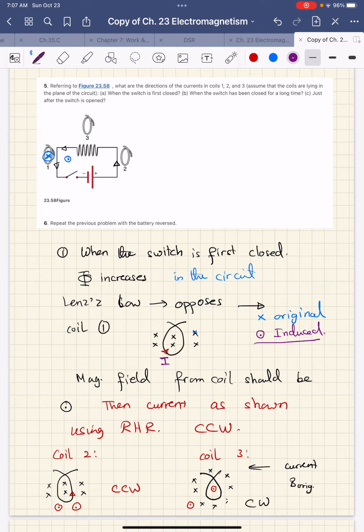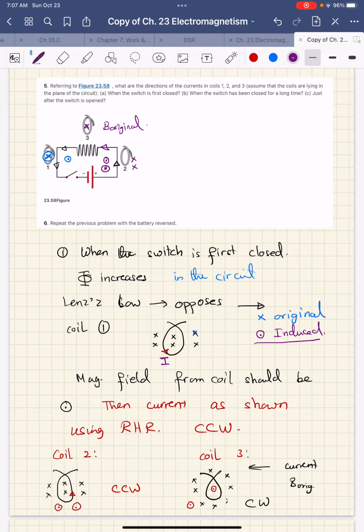when we have the current going in this direction, again the original B is going to be like this. And of course it should be, here I'm using the red for the induced, and it is going to be counterclockwise as well. Now for the one here, the current is going to create a magnetic field here that is a cross, and here is a dot, entering.